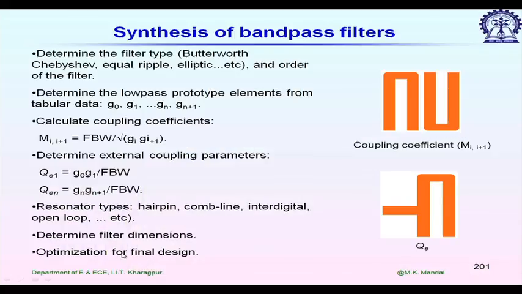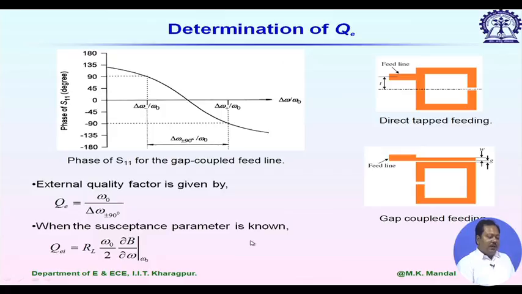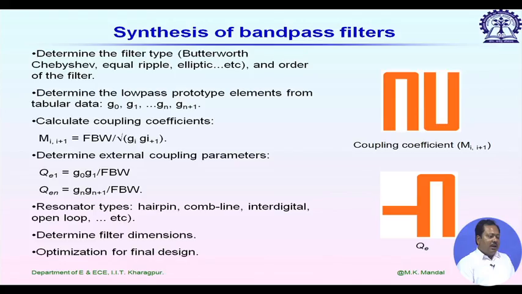Next, determine filter dimensions. For the filter dimensions we have to use some sort of full wave simulator to realize this filter, and then optimization for the final design. So it is a lengthy procedure, and it starts with the QE and K calculations.